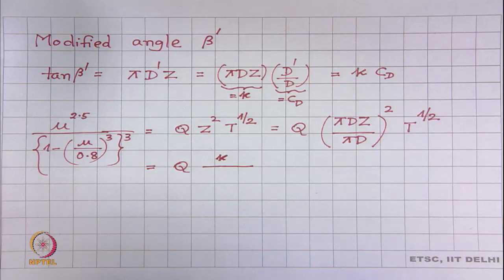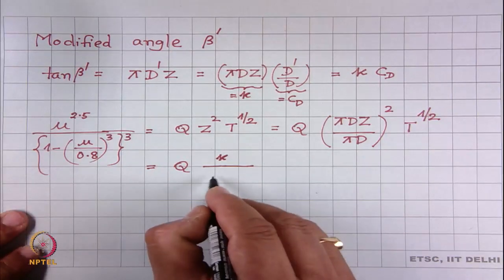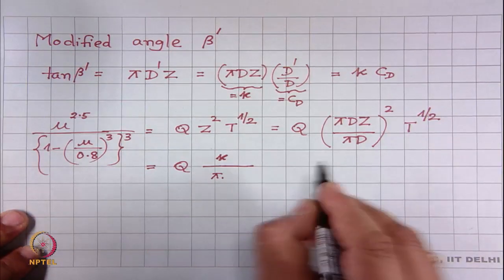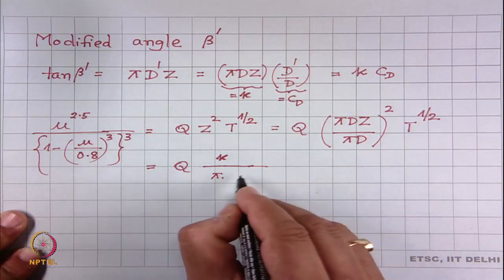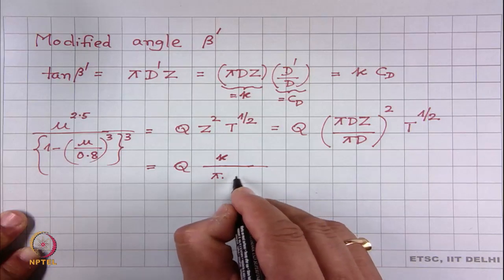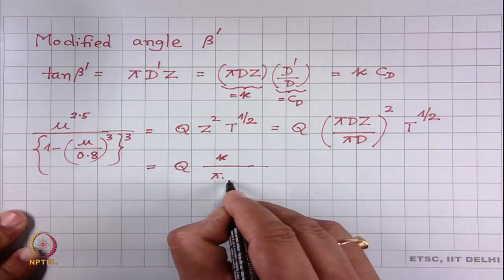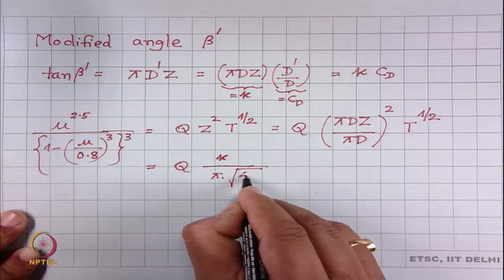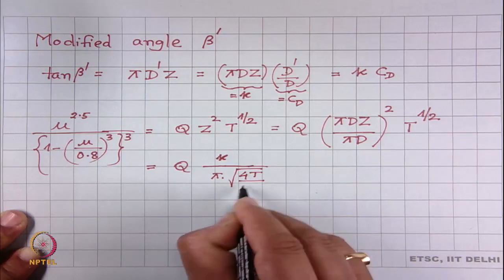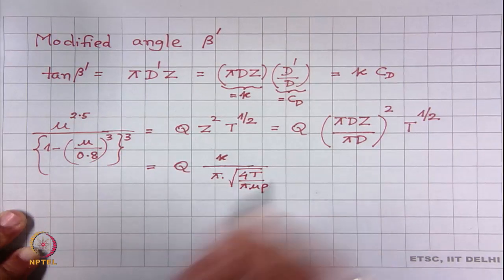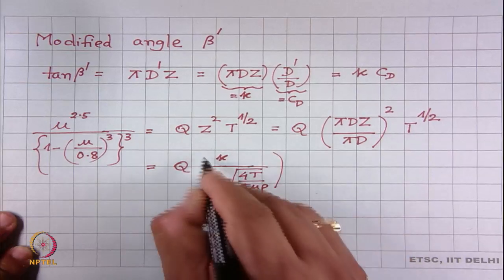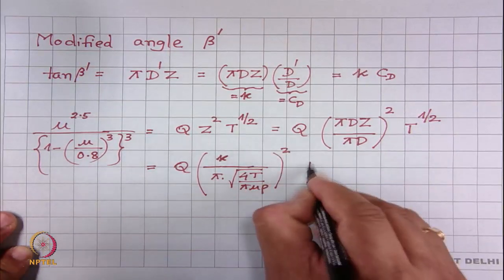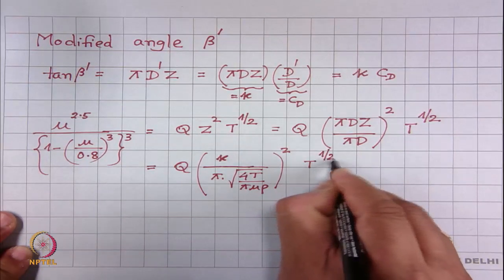Pi times D. D is the square root of 4 times T by pi mu rho, that is your D. Now, this square, T to the power half.